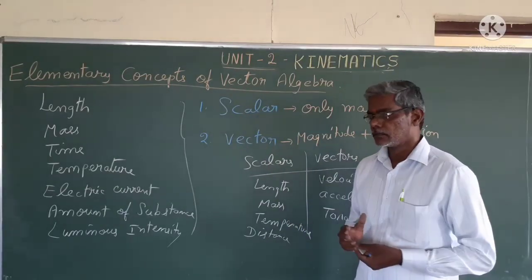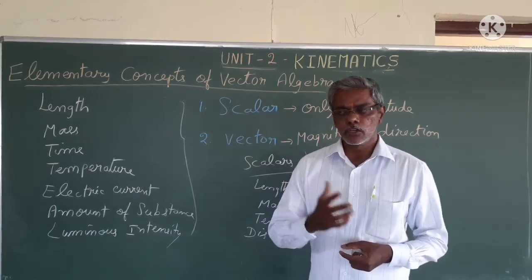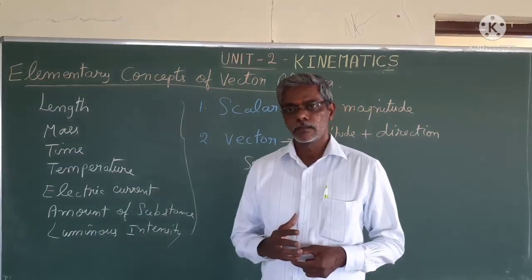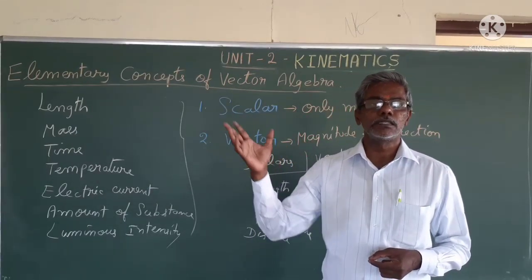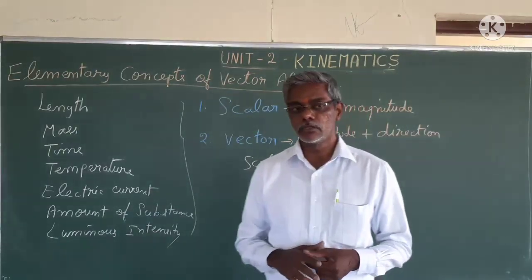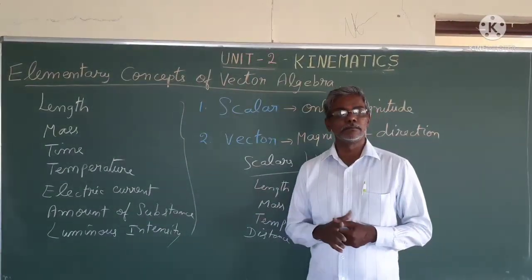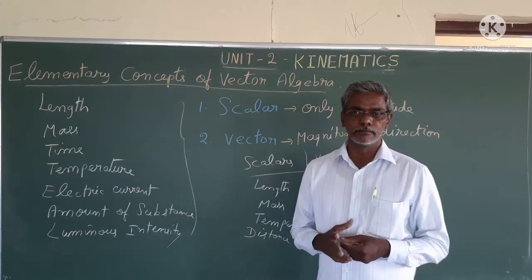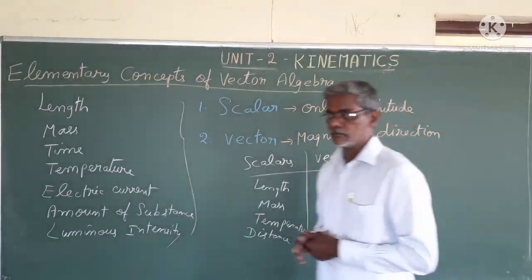Suppose I say your school is at a distance of 5 km from your house and it is located in the northeast direction. Here I used two things. One is the length, that is the distance. The other one is the direction. That represents a vector quantity.